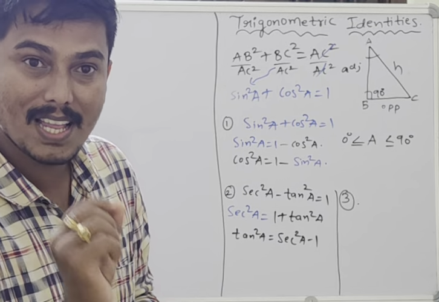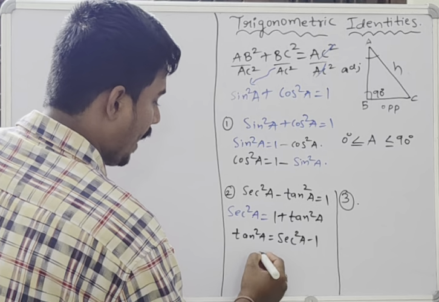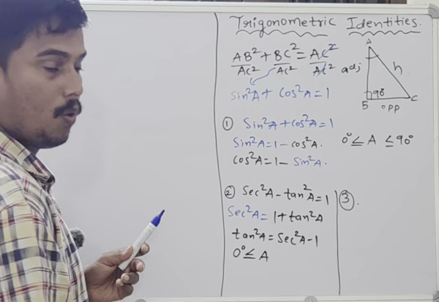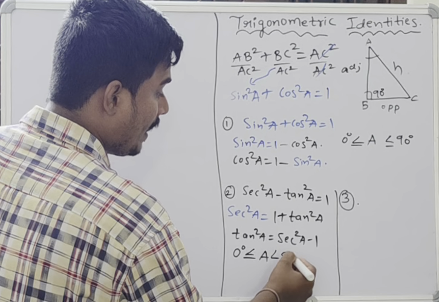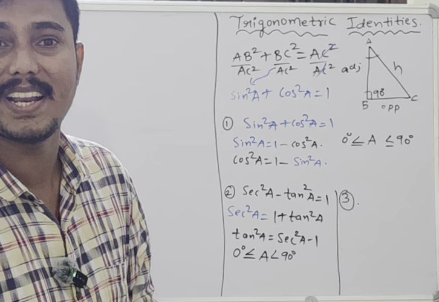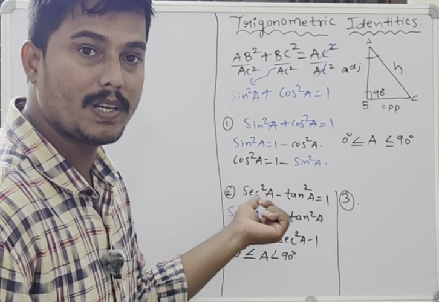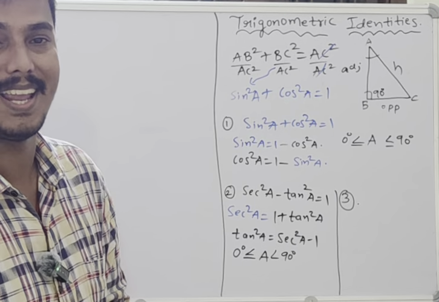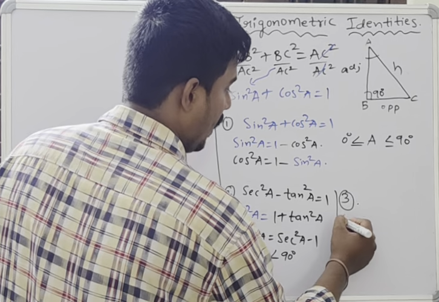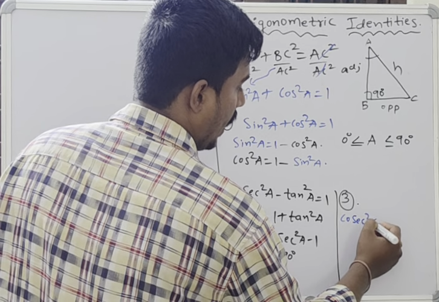You check your table in the last class which we learned. So A is greater than or equal to 0, less than 90, the equal to case will not come because at 90 tan and secant are not defined. That's why these two are grouped with secant square A minus tan square A. The same way, cosecant square A minus cot square A is equal to 1.